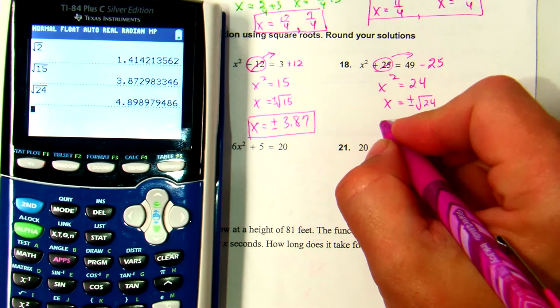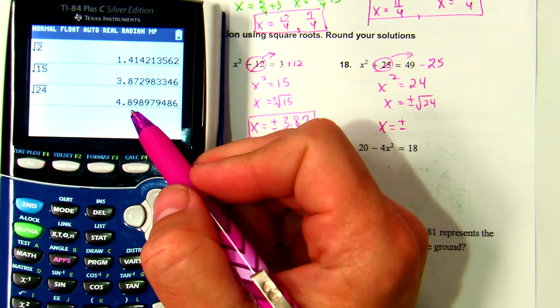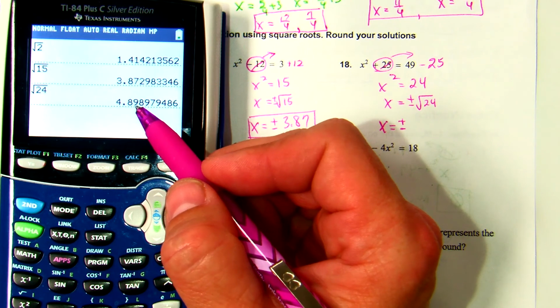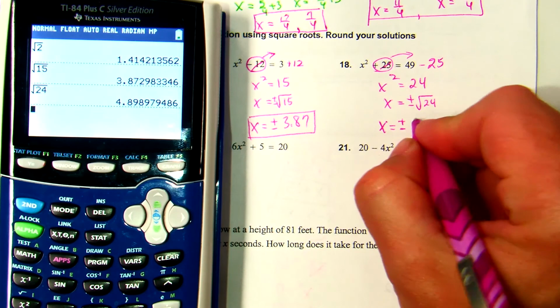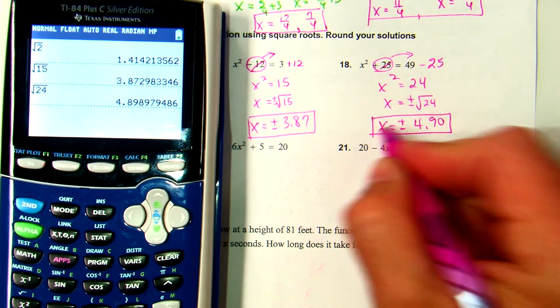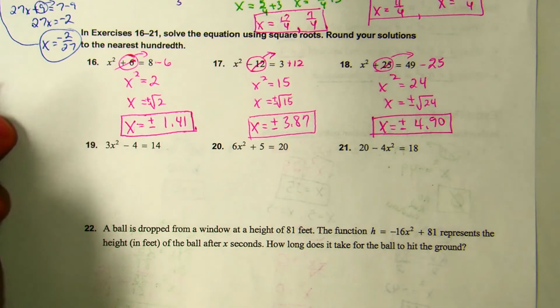We get x equals plus or minus. Now this one we're going to have to round up, and that's going to change the tenths place to a 9. But we're still going to the hundredths place, so it's 4.90. Plus or minus 4.90. All right, that's the answer to number 18.